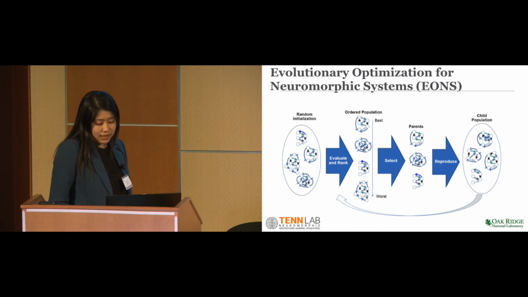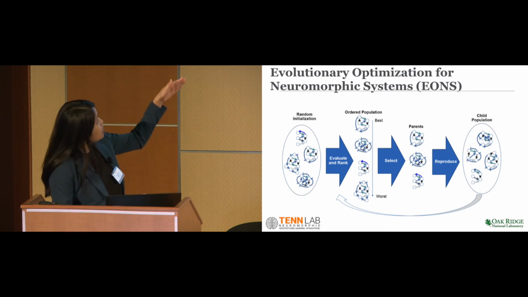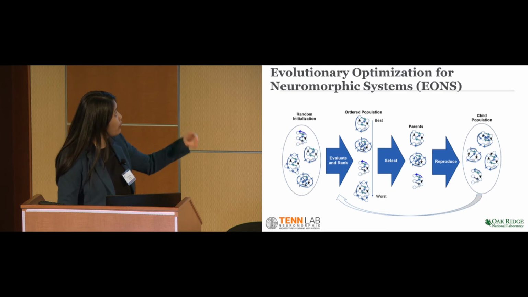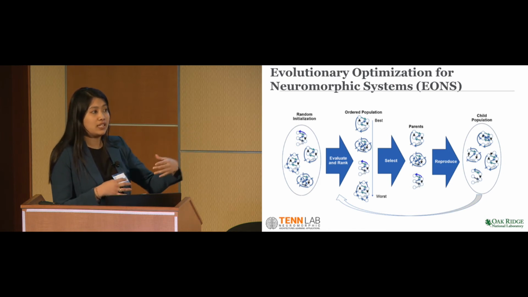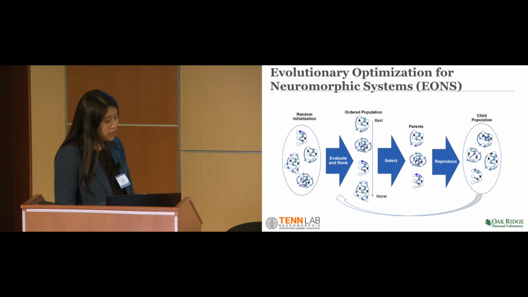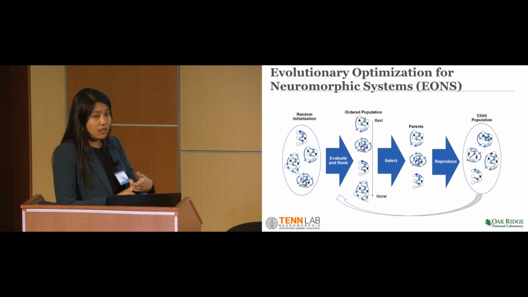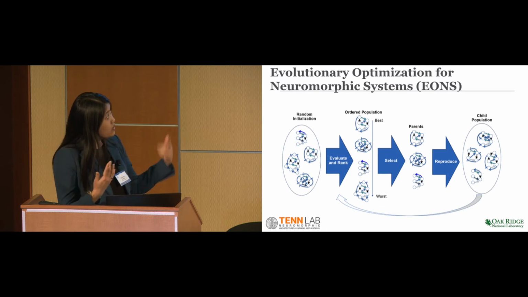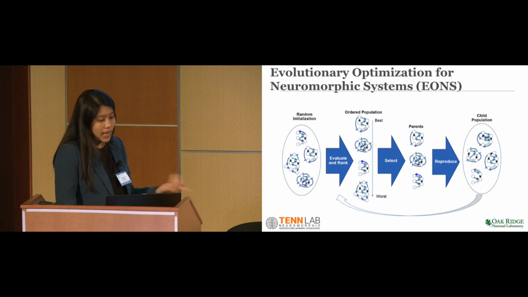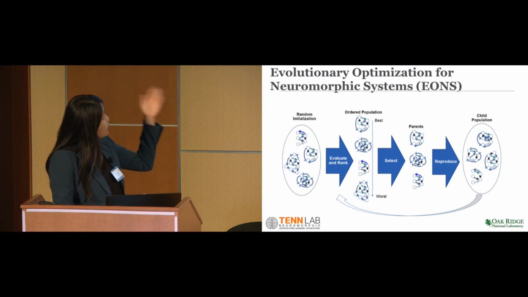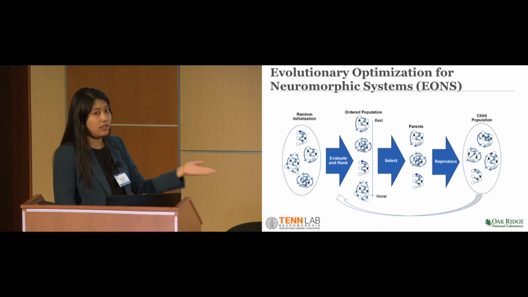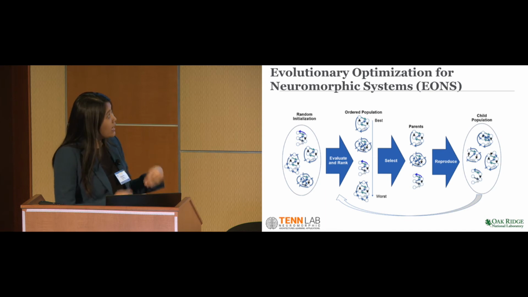Then a selection process is gone through so that we can sort out the best networks to work as parents for our next generation, or children. The parents generate the child population through mutation and crossover. This whole cycle of evaluation, selection, and reproduction is run again and again.